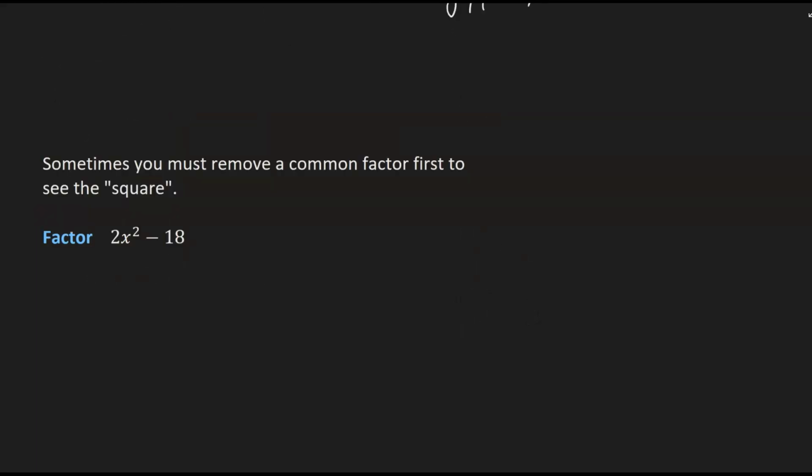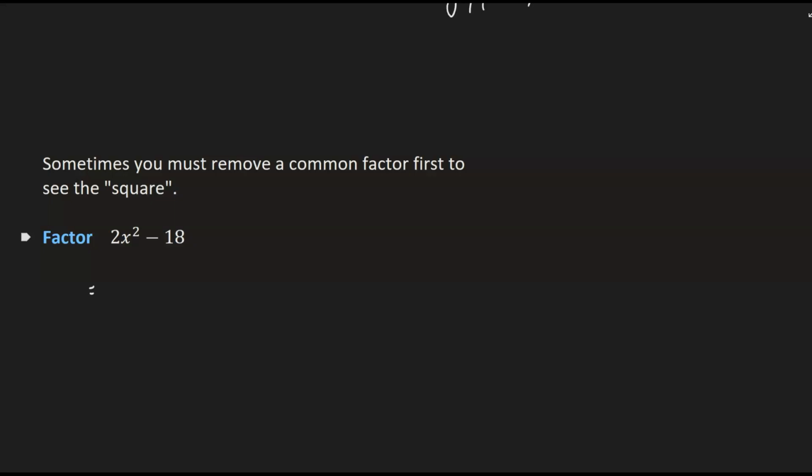Now sometimes it's helpful to remove a common factor first before you're able to see the square, okay? So actually when I look at this, 2 is not a square, but x squared is. 18 is not a square. But maybe if we remove a common factor first, we may see that we're left with a difference of squares, and it's always worth a try.